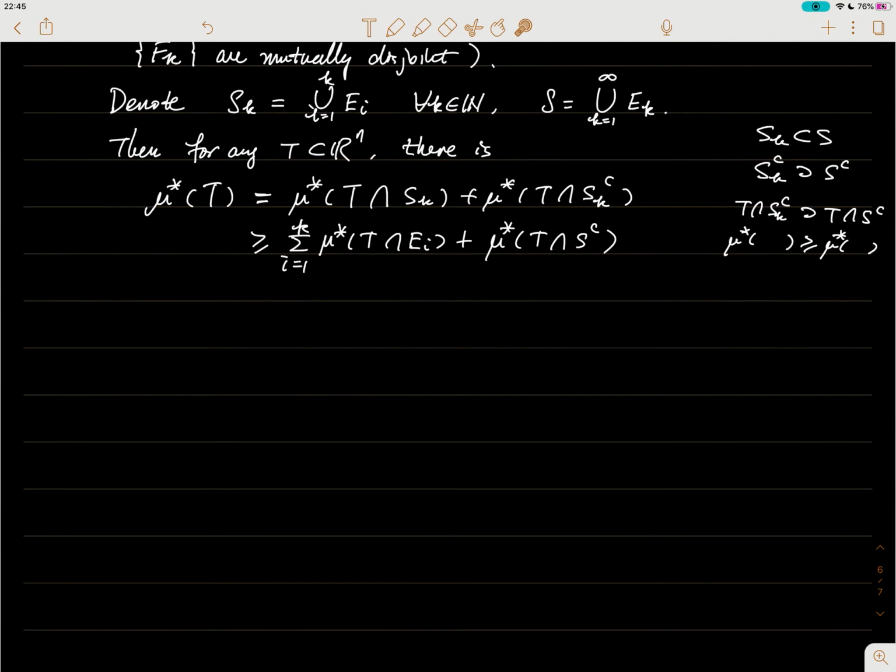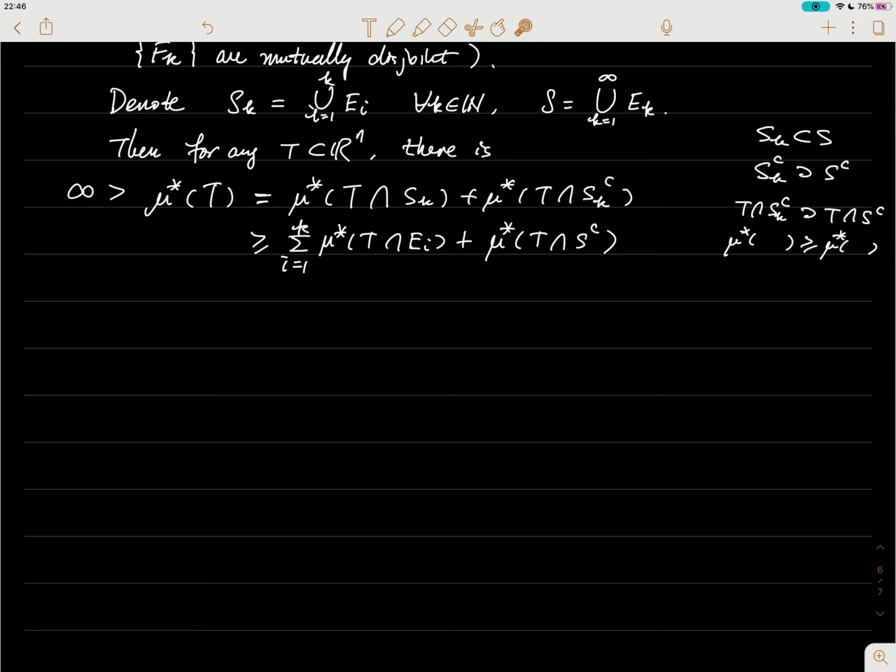So far we know that for any test set with finite outer measure, we can show that this right-hand side here is a series plus a constant number, and both of them are non-negative. And by increasing K here, this first term gets larger and larger.